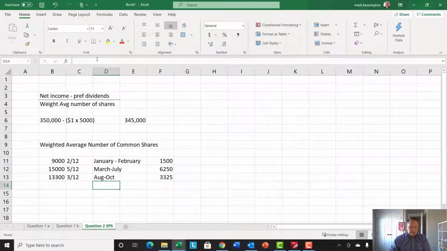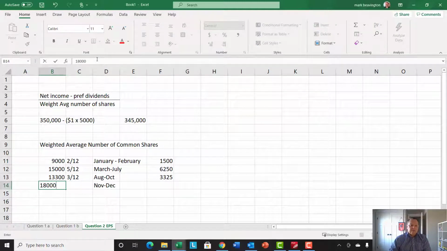3,325. And for the last period, so that would be just for November and December, we know that we've issued another 4,700 shares during that time. So we add that back on, and now we're up to 18,000 shares, and that'll be for 2 of 12 months.